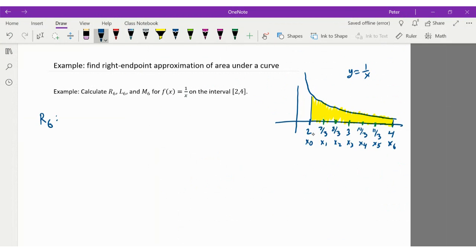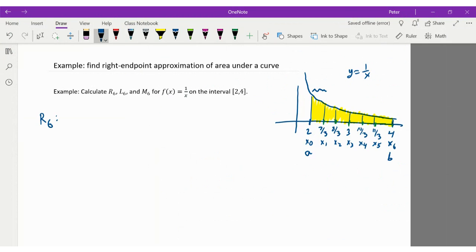Notice, by the way, that x0 is always the same point as A, and xn, the last one, is always the same point as B. The other thing to take note of is that each of these rectangles has the same width.